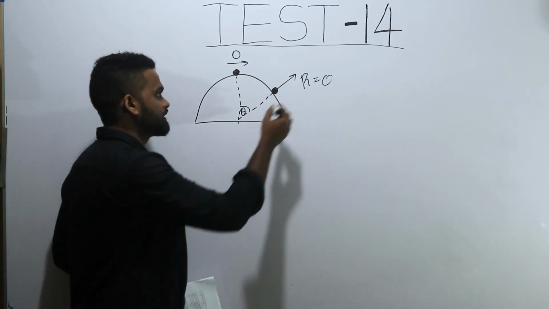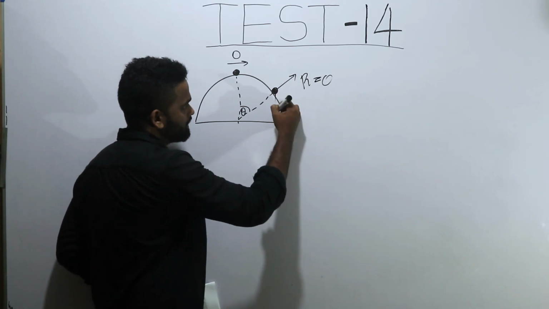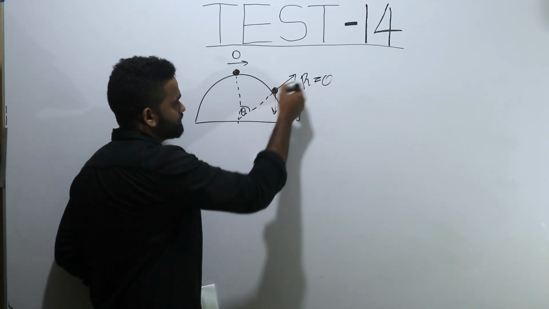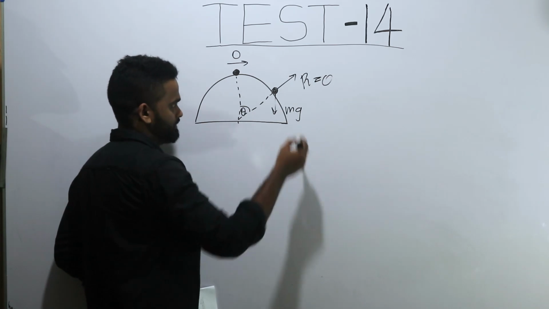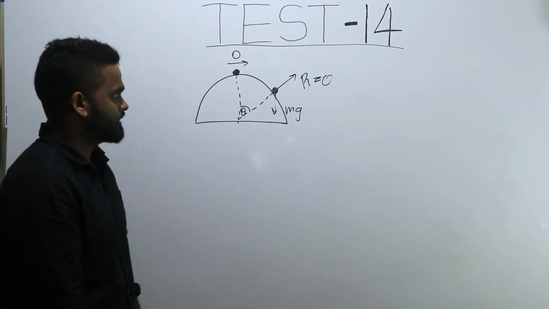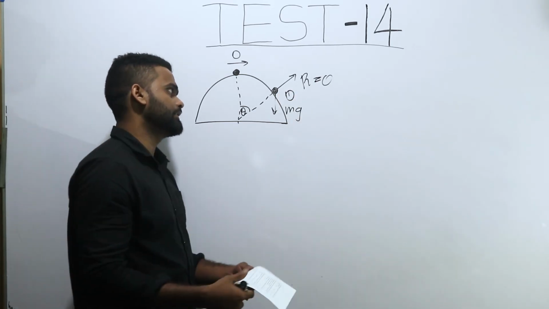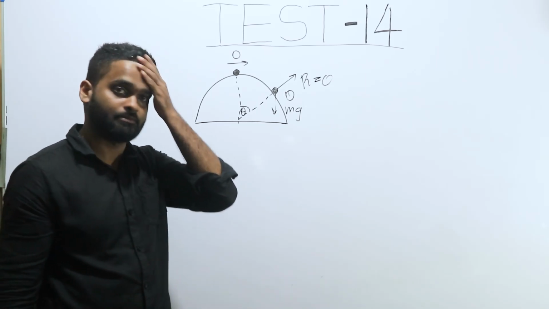Okay. So to this point, I will just mark the forces applying on this object. So R is 0 at this moment, and there's an mg. So this is a circular motion. I'm going to apply circular motion equations to this moment here. I'll apply F equals ma to this moment.